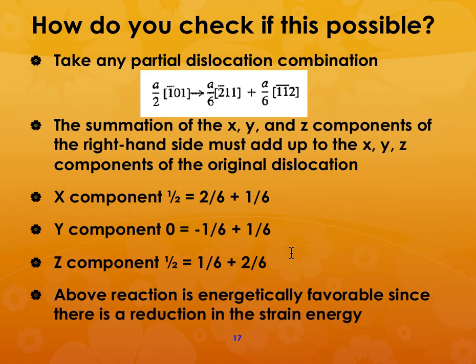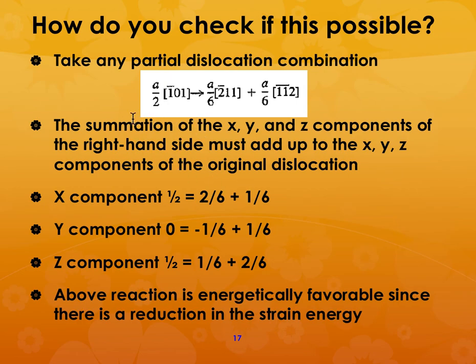So how do you calculate if it is possible for you to dissociate these dislocations? For example, if you have a dislocation of this type, how do you know if it is possible to sum up or not?